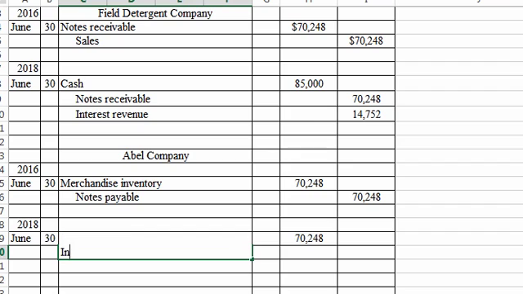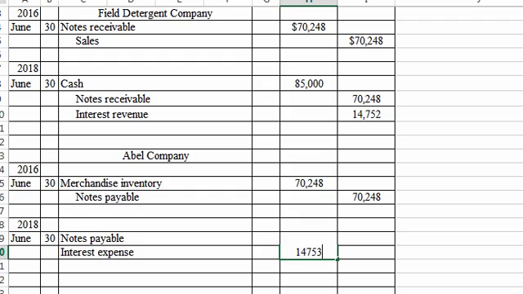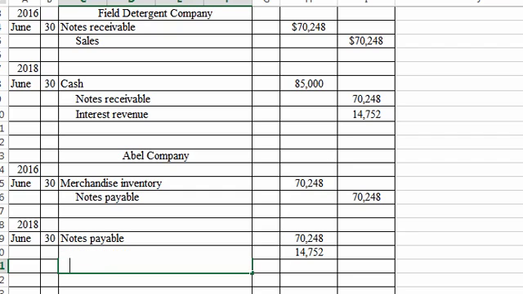They're going to debit interest expense for the $14,752, and then they're going to credit cash to take it off the books for, should be $85,000, but let's make sure it's the total of those two.